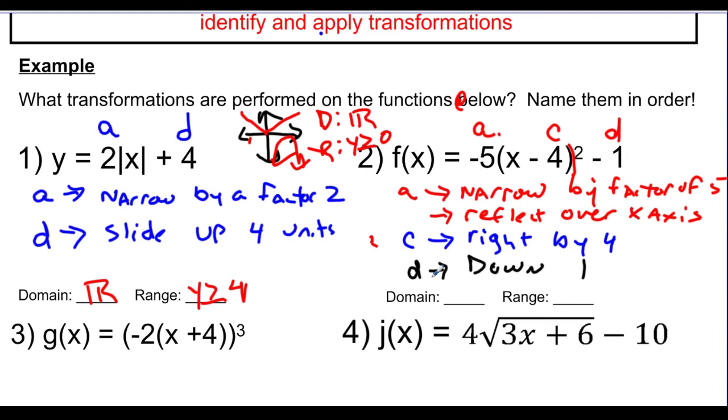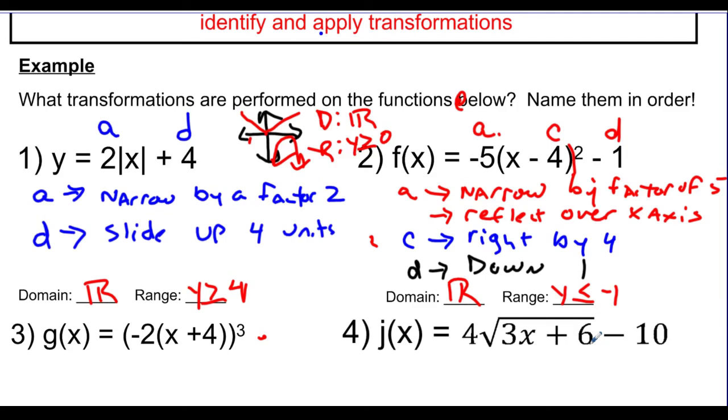So my domain, sorry about that, is all real numbers. My range is going to be y is less than or equal to -1. It slid over, and that didn't change anything. It slid down, so now the top of the graph is at -1, and you can see that it's covering everything from -1 down. So we're going to hopefully start picturing these things in our head as we go.